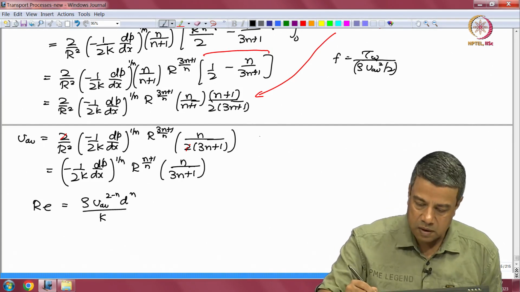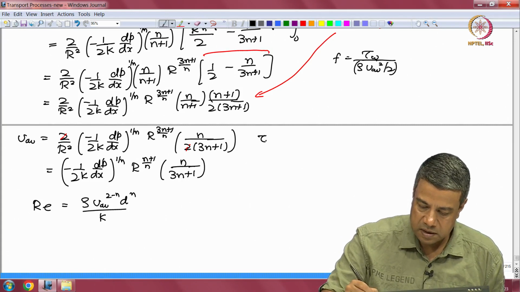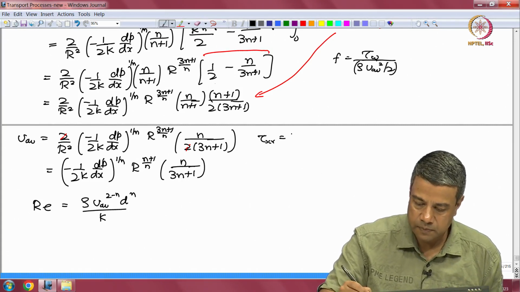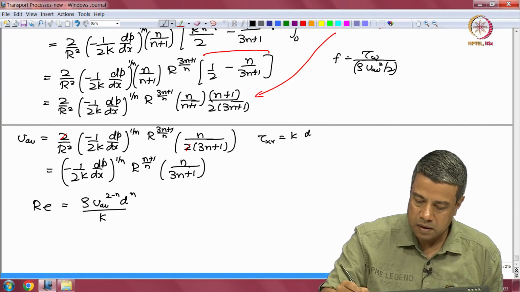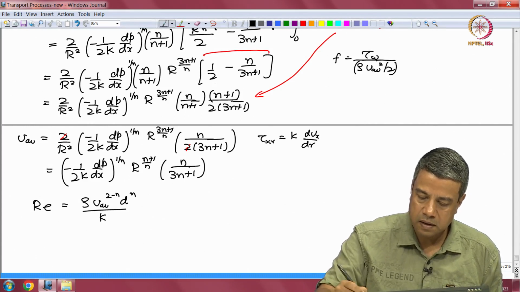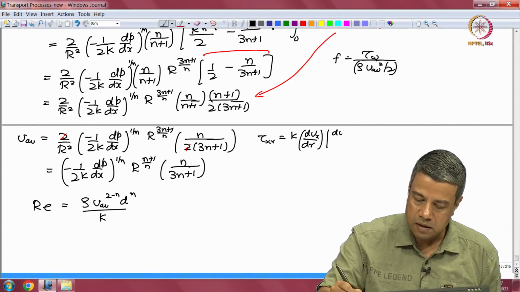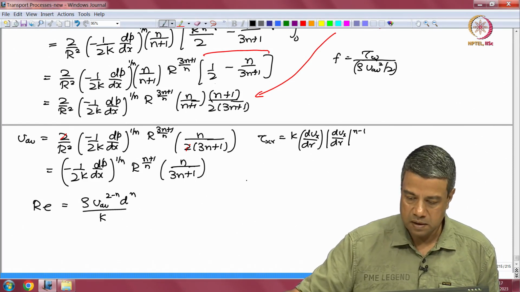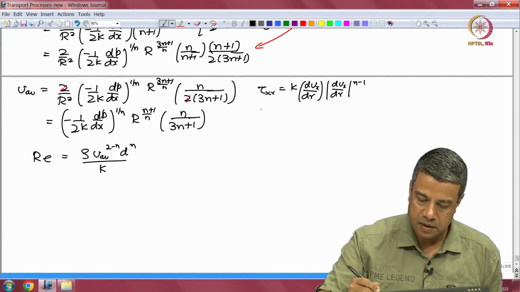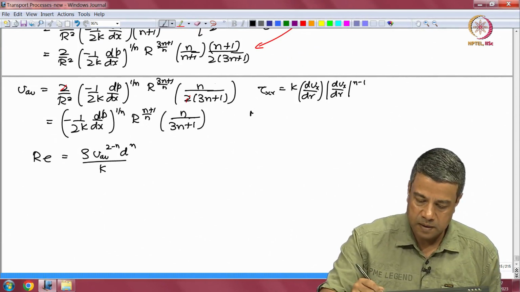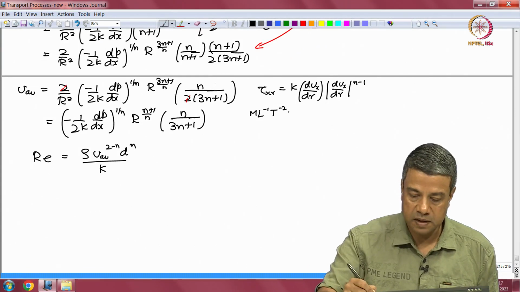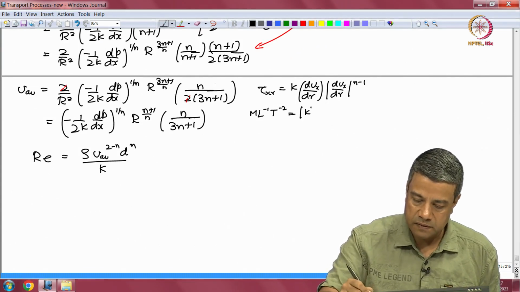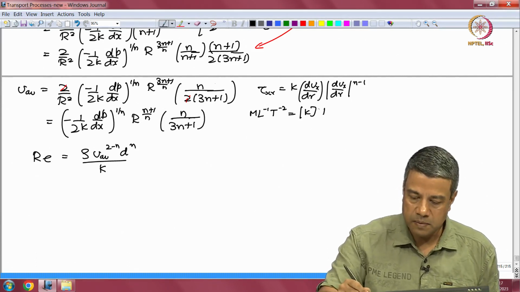Note that the shear stress tau xr is equal to k into dvx by dr into dvx by dr power n minus 1. That was the power law relationship. The left side has dimensions of M L inverse T power minus 2. Shear stress is force per unit area. It is equal to the dimension of k into T power minus n.